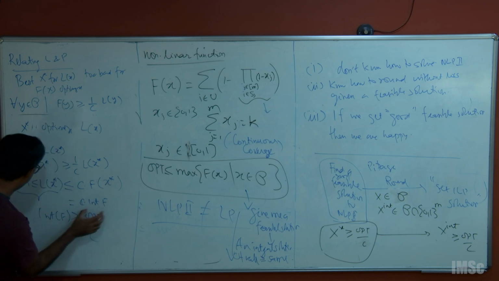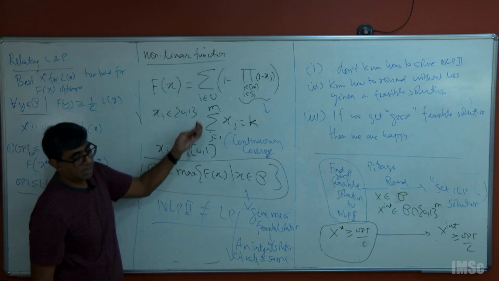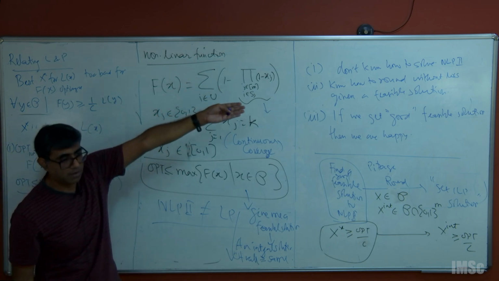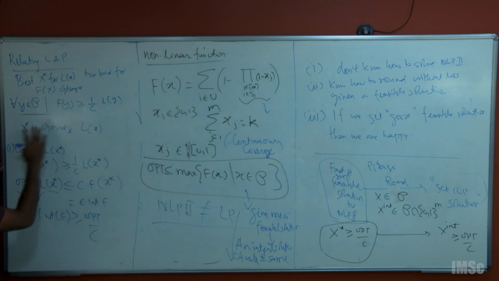So this integral is at least opt by c, so that's a 1 by c factor approximation. If I do integral, everything is going to give me max coverage. So that is what I'm trying to show here. If I show that point-wise they are very much related, I will be very happy.